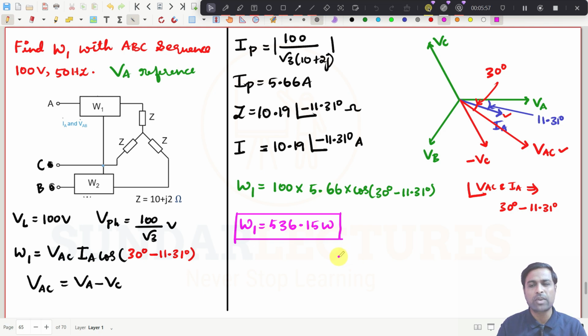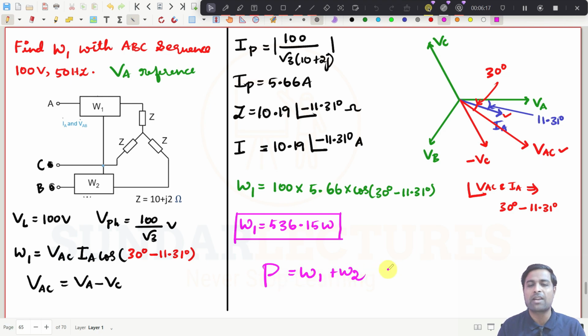You can connect your wattmeter in any lines, between A and B or A and C, whatever it may be. You just change it, but the wattmeter reading will be different. But the real power, P, is equal to W1 plus W2.